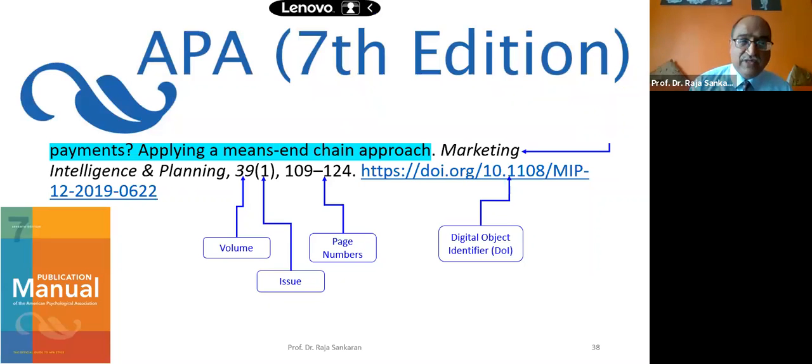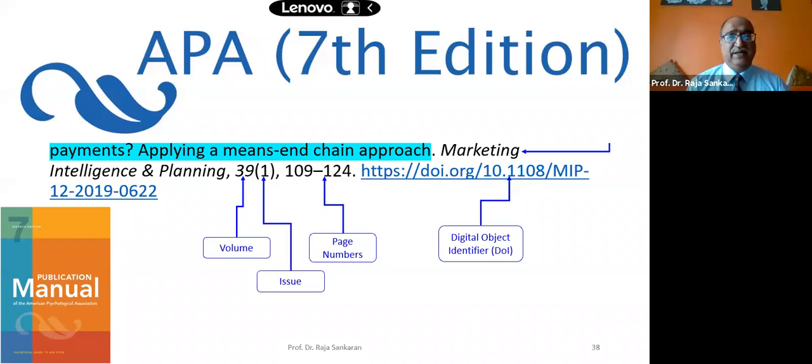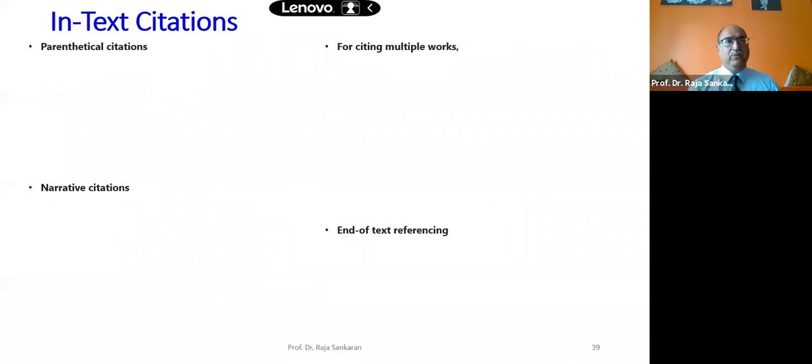You must also make use of or read through this manual in order to understand how research papers should be cited, how web pages should be cited, how you should organize your thesis, the tables, the figures, where the title should be. So everything will help you if you have a clear understanding of these. Again, these citations are definitely something which is normally assumed a research scholar should know. So my strong recommendation would be please go through this APA manual.